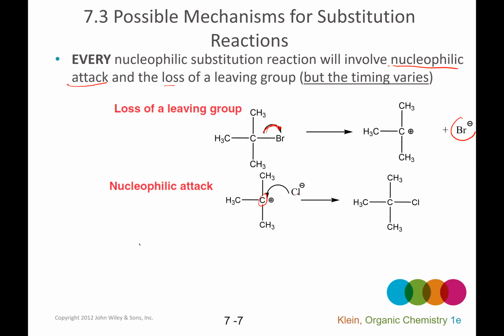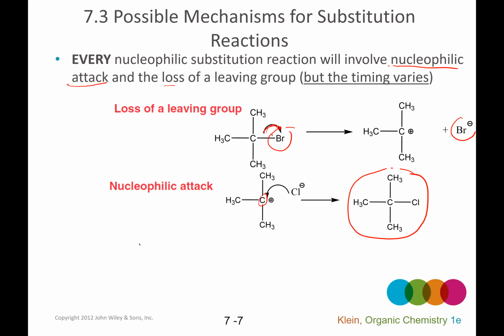Now I have chloride as the nucleophile here. It can be a leaving group, it also can be a nucleophile, but we'll see there's a lot of different nucleophiles that partake in these reactions. That's what makes them so general. So, and that's the final product. The chloride has replaced the bromine.